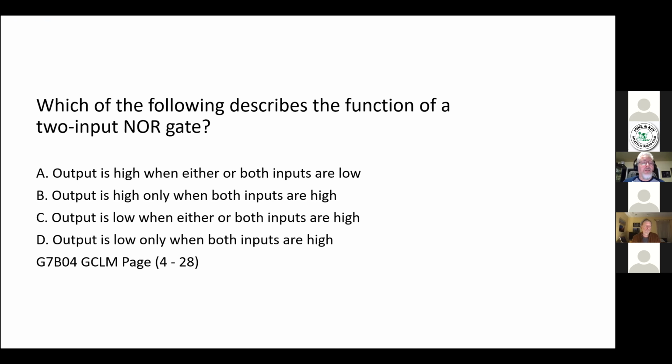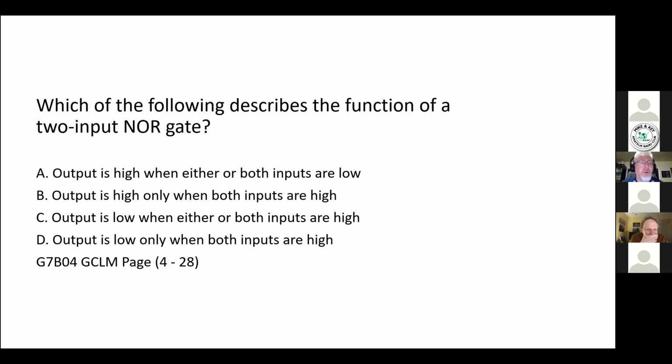Sorry about that. Which of the following describes the function of a two-input NOR gate? A, the output is high when either or both inputs are low. B, the output is high only when both inputs are high.